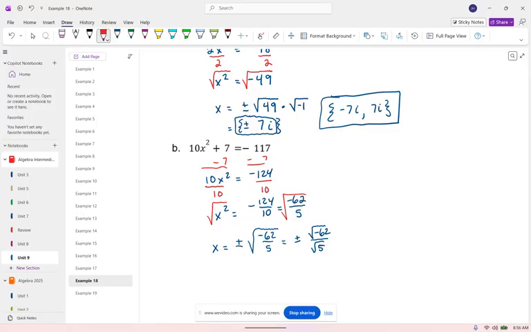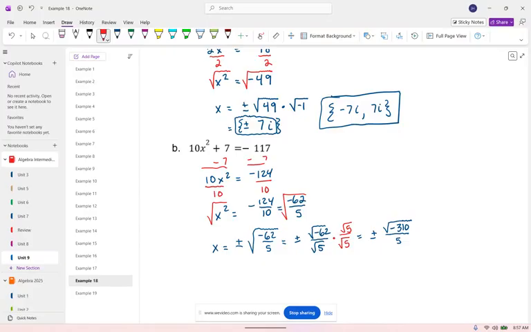And I need to rationalize the denominator. So I'll multiply top and bottom by square root of 5. That'll give me positive or negative the square root of 310. Oh, sorry. Don't forget about the negative. Negative 310 over 5.